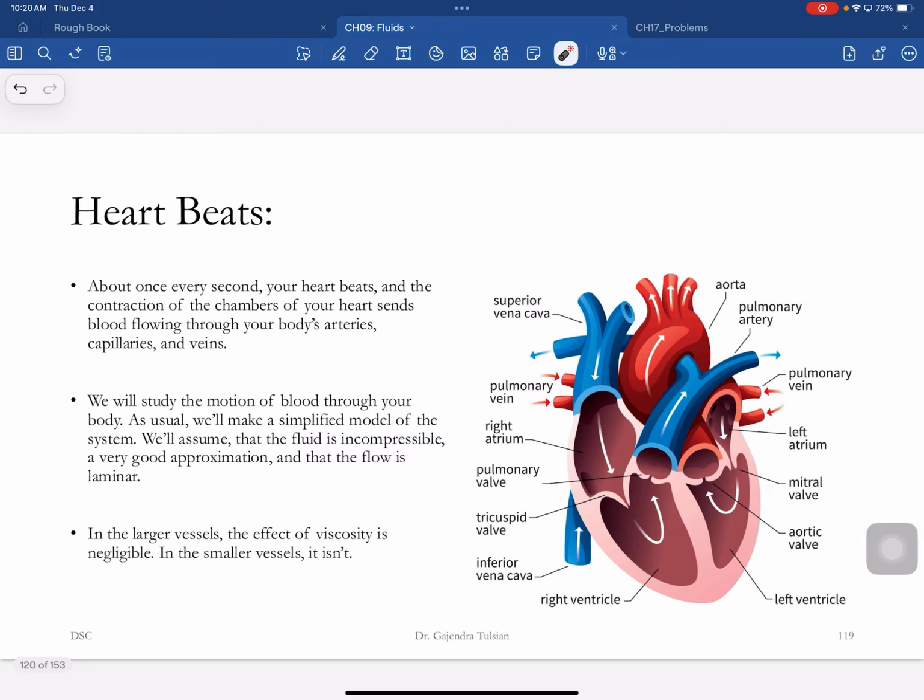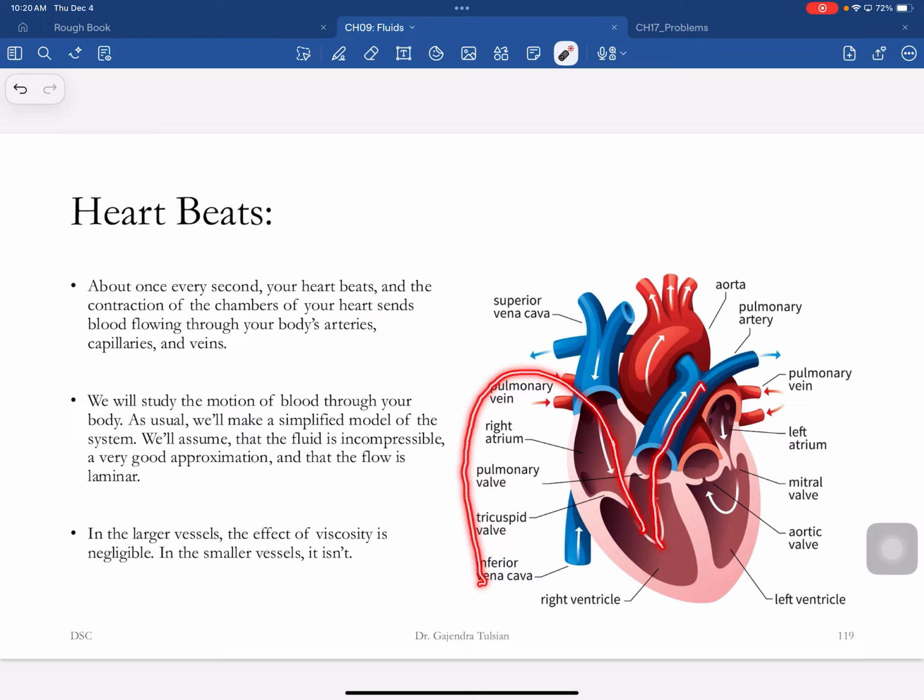Okay. All right. So here's your heart. This is the right ventricle. Deoxygenated blood from the body comes here to the right atrium, gets sent to the right ventricle, and the right ventricle pumps this blood to the lungs.